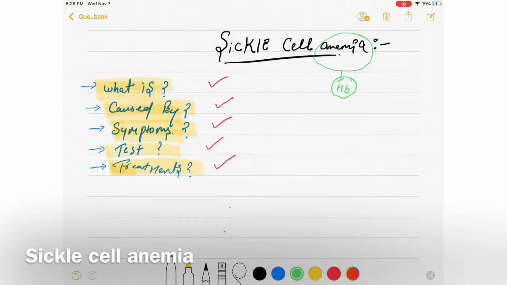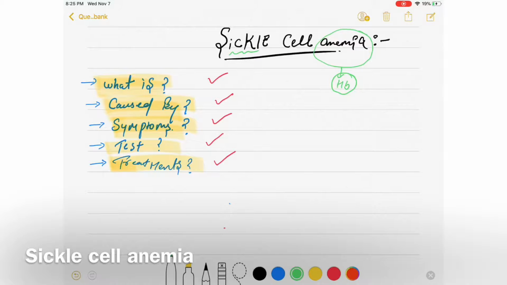In sickle cell anemia, the shape of RBCs changes from biconcave to sickle shape. The sickle shape is a pointed structure which can irritate the epithelial cells in our vessels, so it causes severe problems in the body.